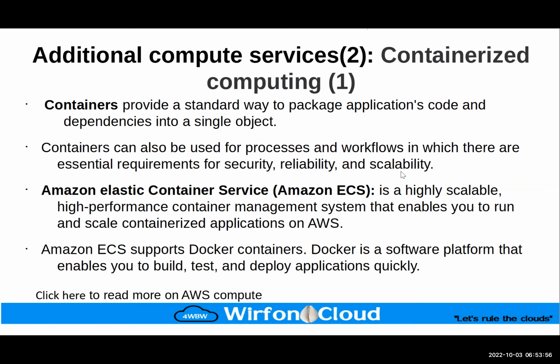And you have the Amazon Elastic Container Service, which is a highly scalable, high performance container management service that enables you to run and scale containerized applications on AWS. So Amazon Elastic Container Service supports Docker containers, and Docker is a software platform that enables you to build, test, and deploy applications quickly. You can read more about this.